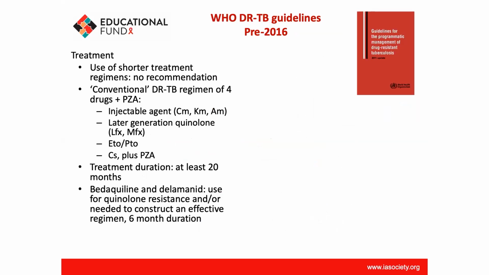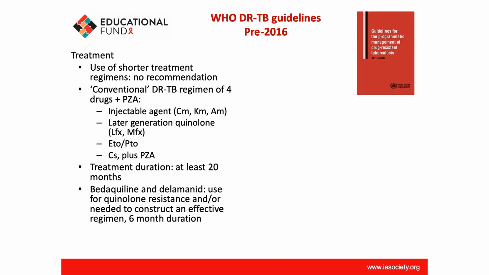I think it will help you understand how the drug regimens for drug-resistant TB are rapidly evolving and for the better in terms of reduction in toxicities and improvement in efficacy. So before 2016, we were relying on the 2011 update of the PMDT guidelines for drug-resistant TB.